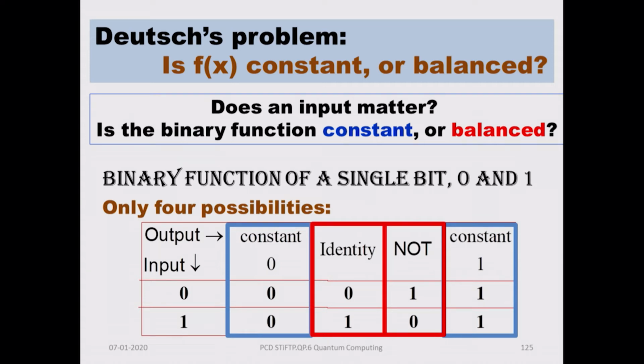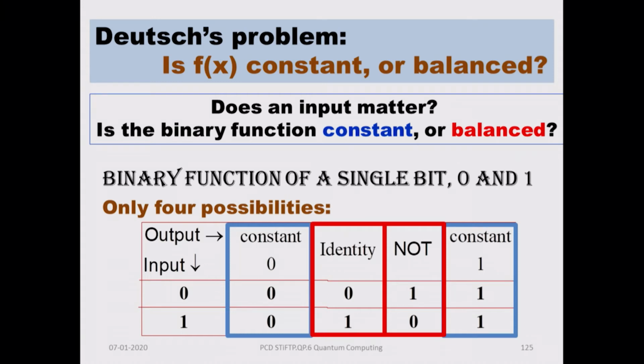If it does not depend on the input, the function is called constant. So, the question that Deutsch is addressing is the function box, is it constant or balanced? So, do you understand the terms now? Constant or balanced.